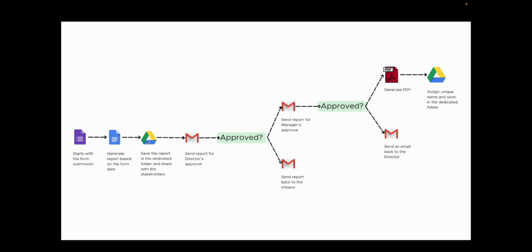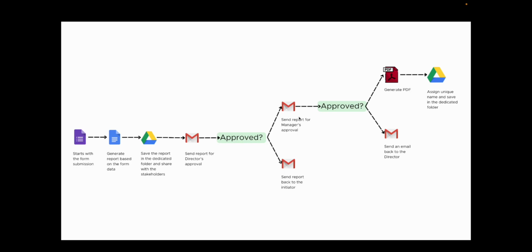So once it's shared, we will go and send the document to the director, and if it's approved, it goes to the manager's level. And if not, we want to send the document back to the initiator and request some data. And once they provide the data, it will go back to the director. So it's important to have a back and forth loop here.